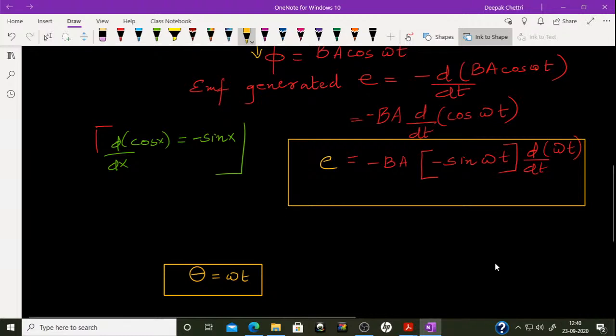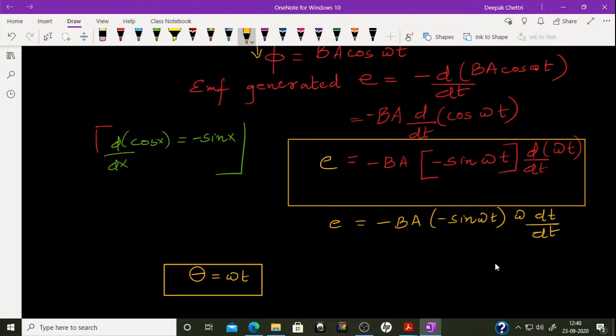So E will be equal to minus BA, and I have a minus sine omega t. Now differentiation of this: again omega is a constant, it will come out, so I will get d/dt of t.